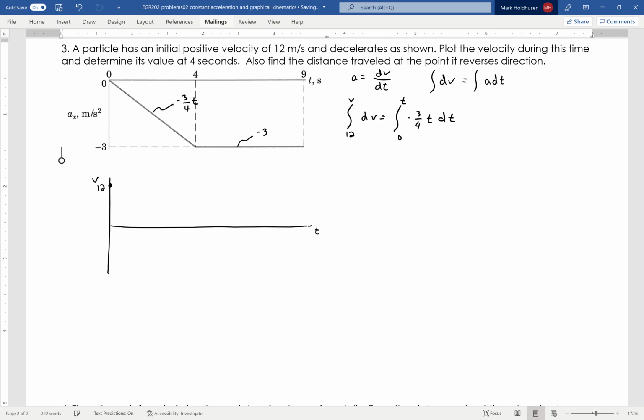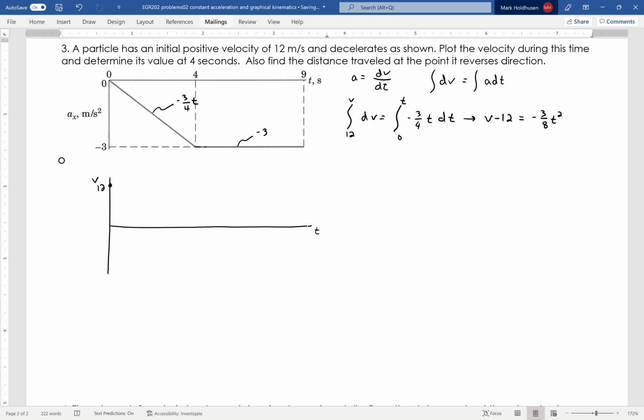From this, the integral of dv is just v, so that's going to be v minus 12. And then my integral on the right will become -3/8 t squared, like so.